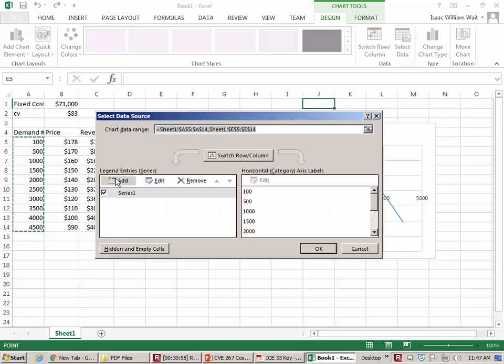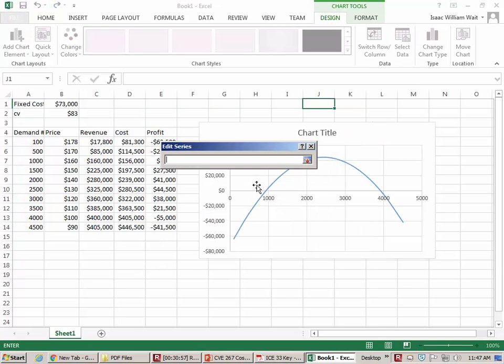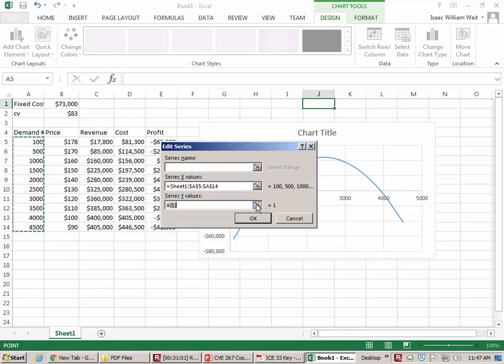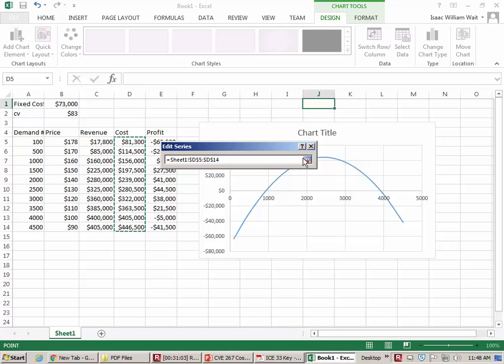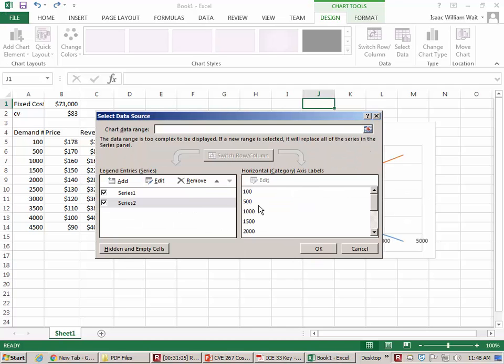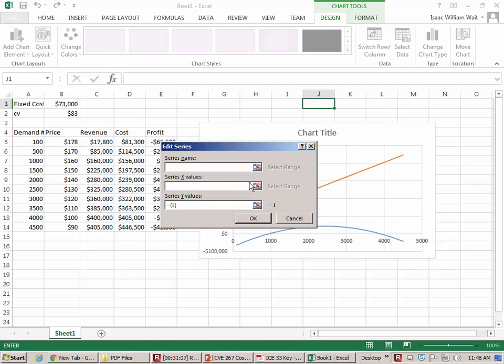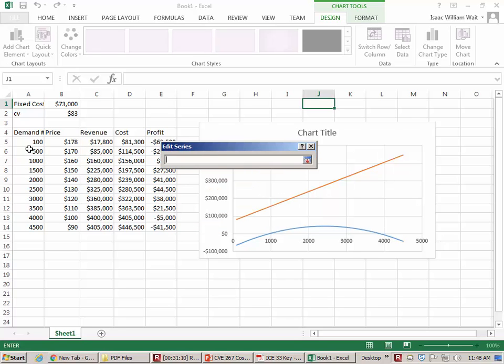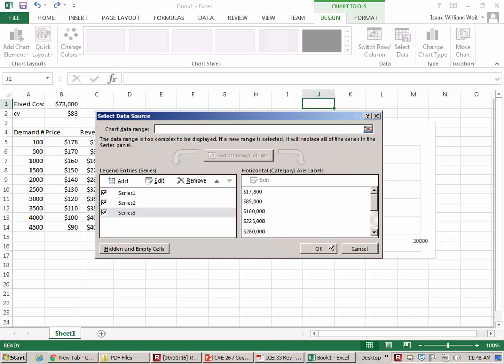I want to add another series, which is my costs. So the demand on the x-axis, and then here is the costs. All right, and then we'll add one more that is the revenue. So demand versus revenue.